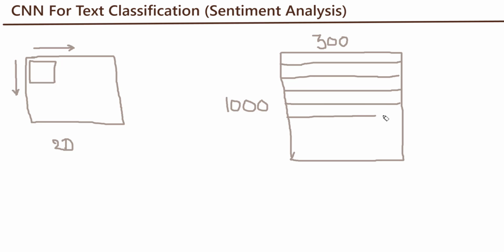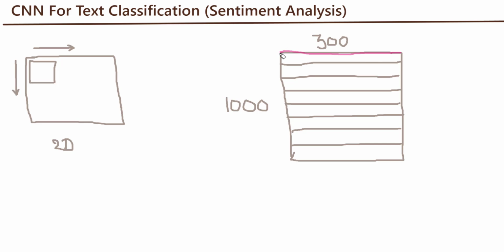Now over this matrix we are going to convolute a filter, but the filter size will be the size of each word vector. Okay, so we are going to form a filter which will occupy a complete size of the word.